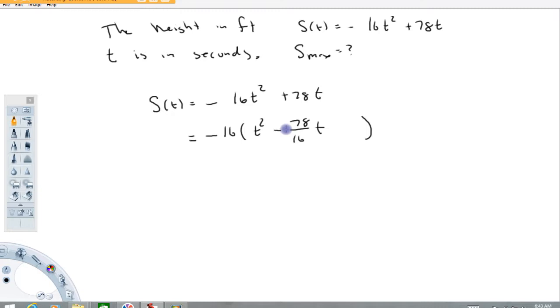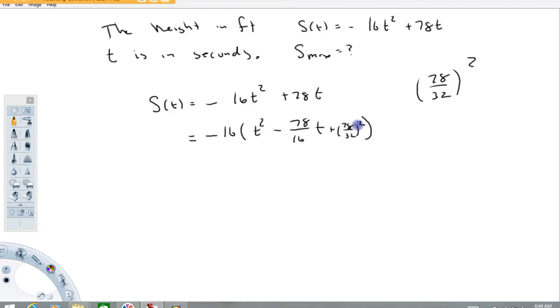Now we're going to do the completing the square part, being very careful. We're going to take this guy, cut it in half. That would be 78 over 32. Then you square it. I guess we'll just put plus 78 over 32 squared.